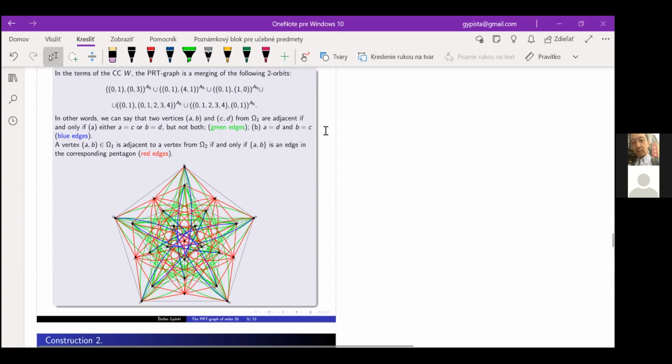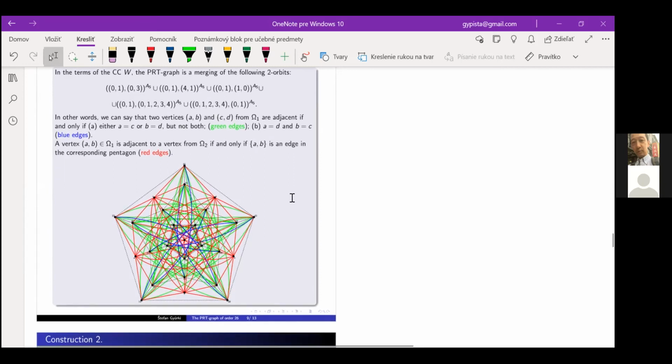The pairs which are transposed to each other are joined by blue edges, and the incidence between an ordered pair AB with a pentagon from omega 2 will be precisely when the corresponding edge AB is contained in the selected pentagon.